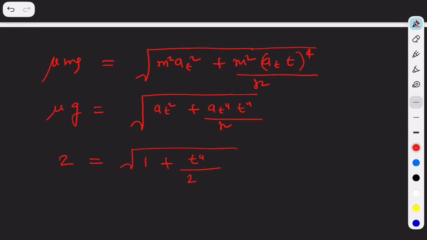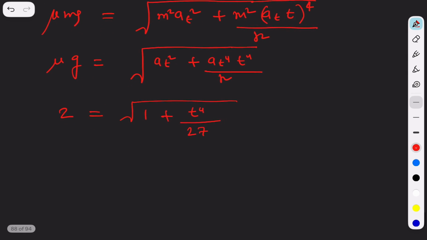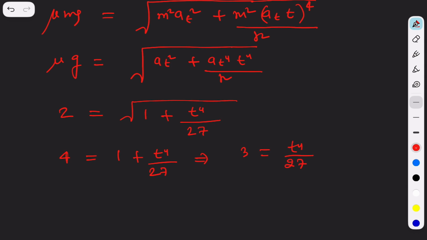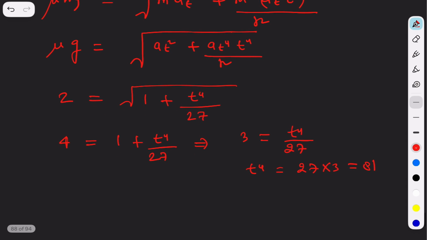So do the squaring both sides, so it will become 4 is equal to 1 plus t to power 4 divided by 27, and this will become 3 into 27. If I do the calculation, it will become 3 is equal to t to power 4 divided by 27, so t to power 4 is equal to 27 into 3, that is 81. So t is equal to 3 seconds.